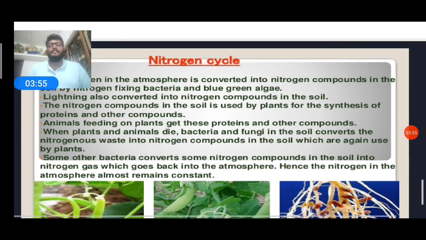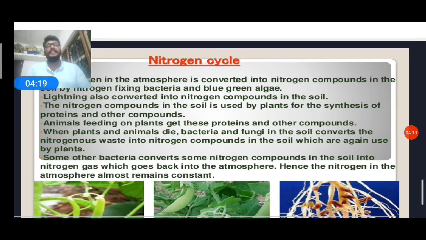Are you getting it or not? See, plants and animals are unable to use the nitrogen present in the atmosphere. That's why some nitrogen fixation bacteria convert the atmospheric nitrogen into a usable form for plants as well as animals.